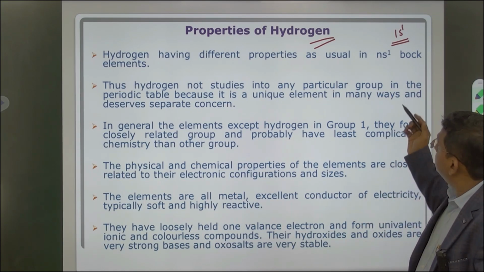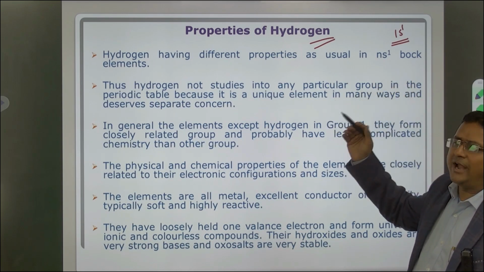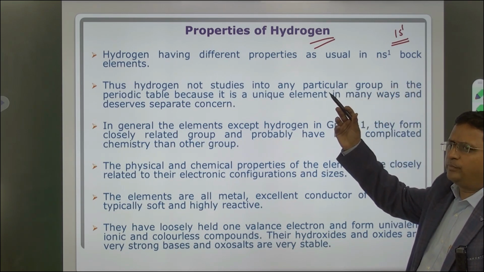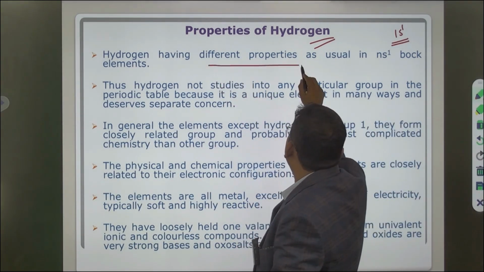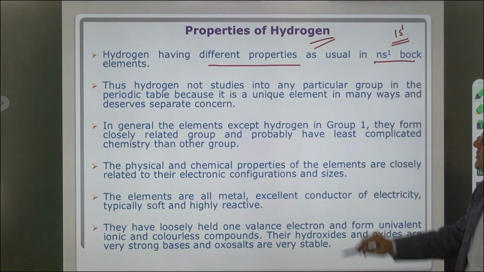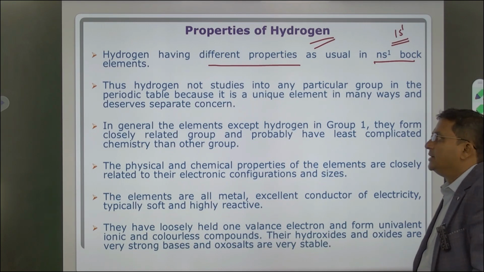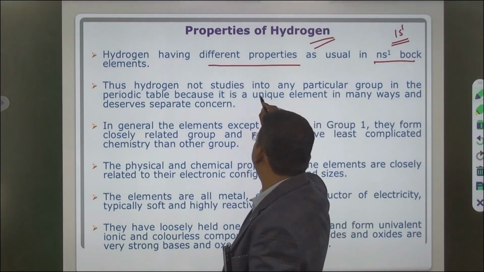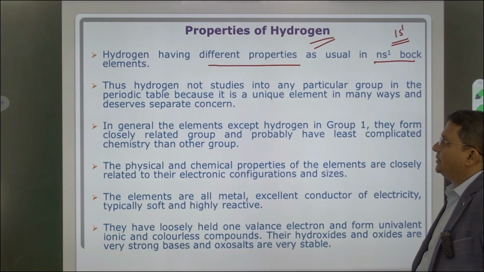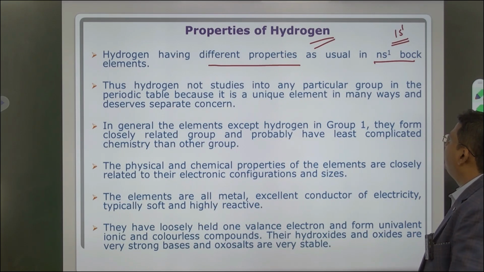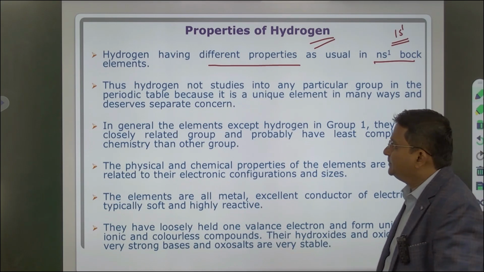Because of this configuration, we see it at the top of the group. Hydrogen has different properties from the usual ns1 block elements. Thus, hydrogen is not studied in any particular group of the periodic table because it is a unique element in many ways and deserves separate concern.